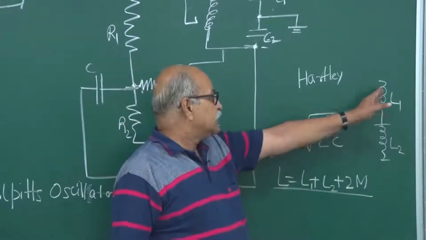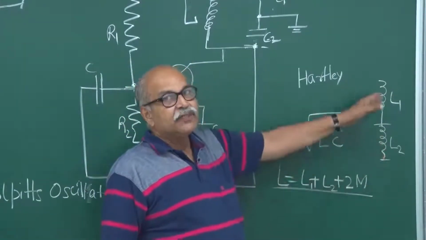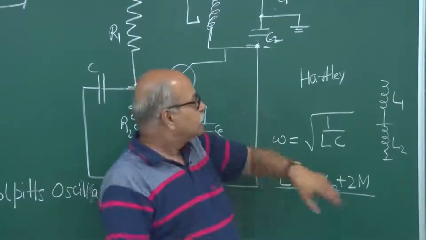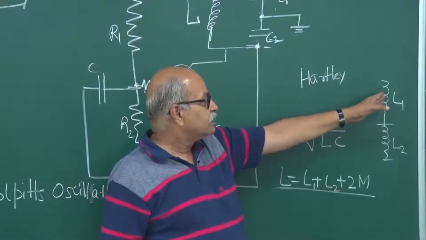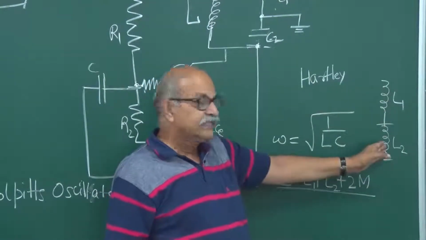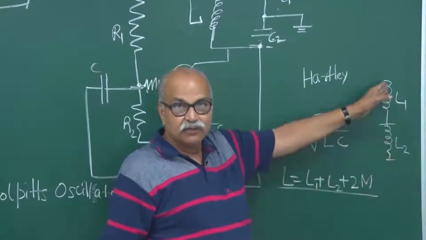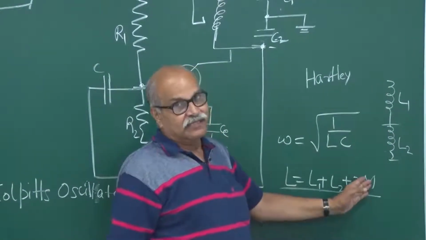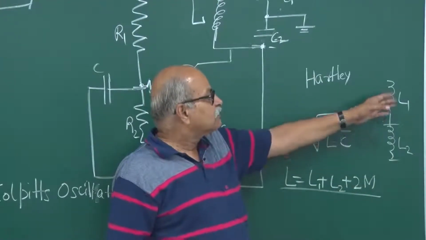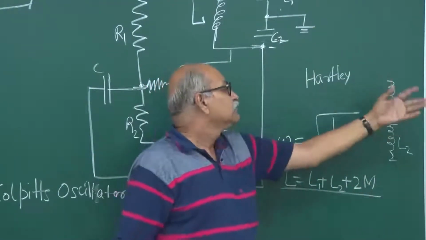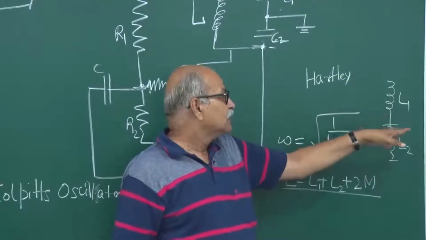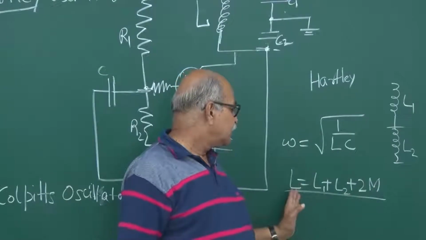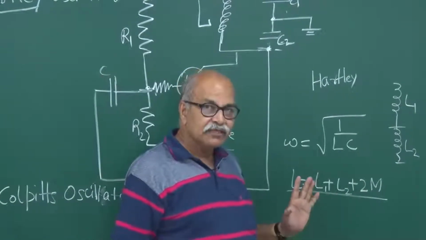If there is a coupling between these two, which will happen if they are made on the same core, so that any magnetic field created because of that current easily reaches here, then you will have a good mutual inductance, and this must be taken into account. And if they are on separate cores, so that the magnetic field diverges out of the core and not much reaches here, then this mutual inductance will be very small, and L equal to L1 plus L2 can be used.